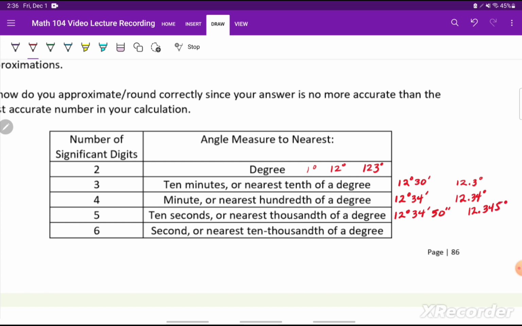We're rounded to the nearest 1,000th. And then lastly, if our angle is measured to the nearest second, and it's like a 2-digit second that's not a multiple of 10, or to the nearest 10,000th, if we're keeping it in decimal form, then that's going to be 6 significant digits. So something like 12 degrees, 34 minutes, 56 seconds, or 12.3456 degrees.